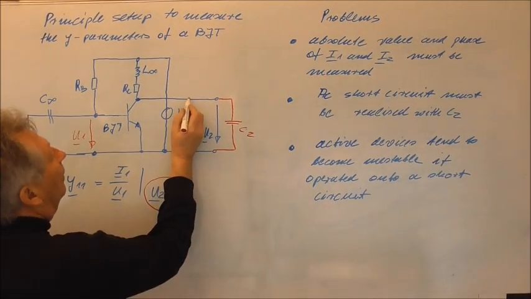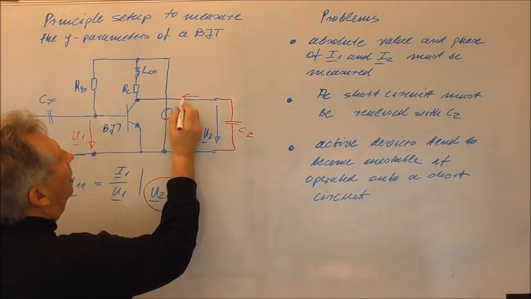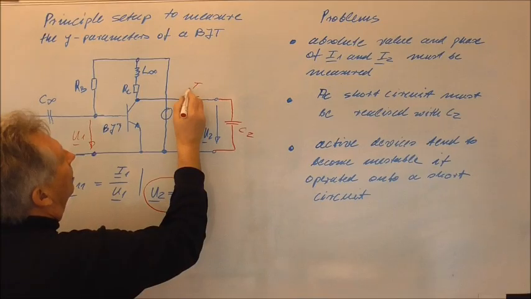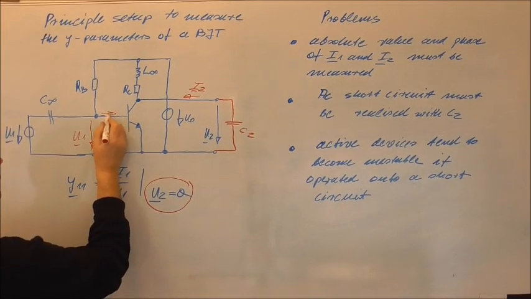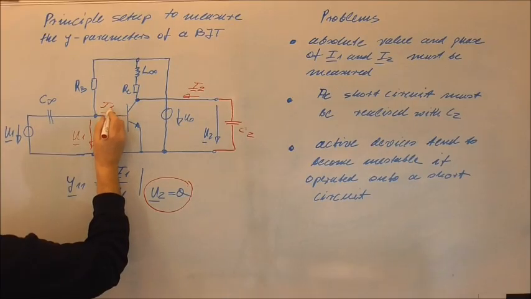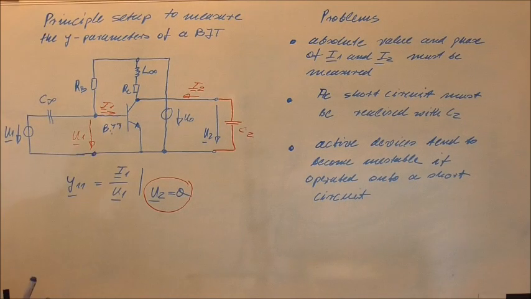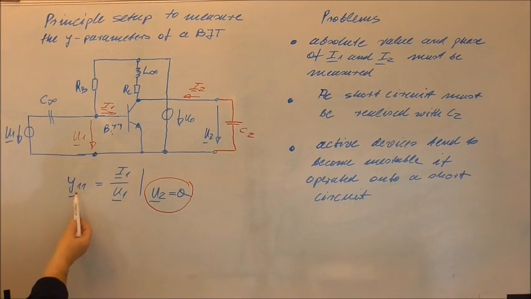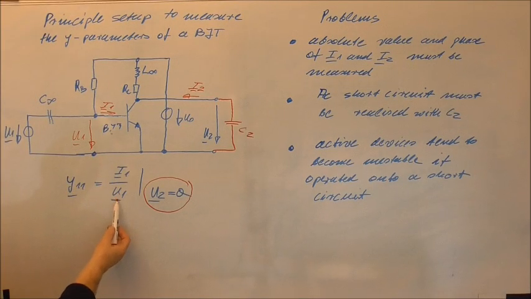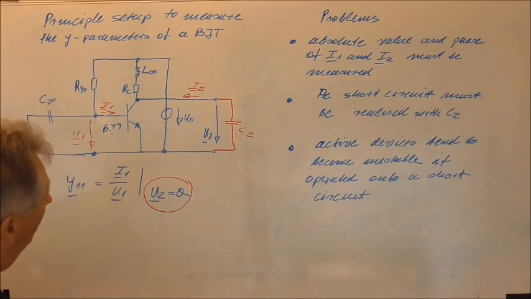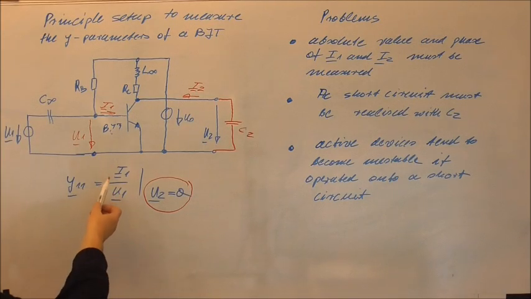And then we will have the current I2 flowing here, and also here we will essentially have the current I1. So to define the parameter Y11, we must measure the current I1 with respect to U1, in absolute value and phase.